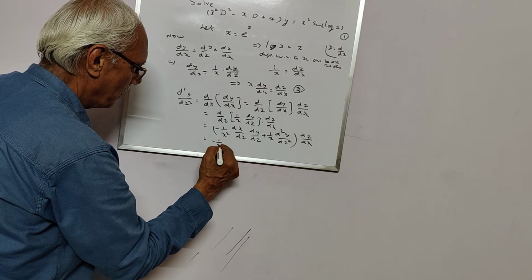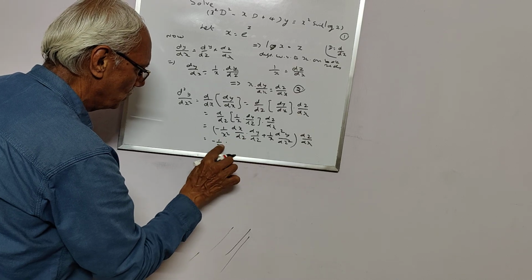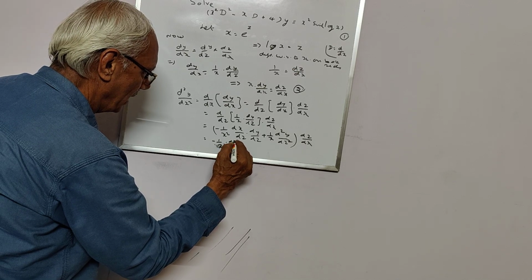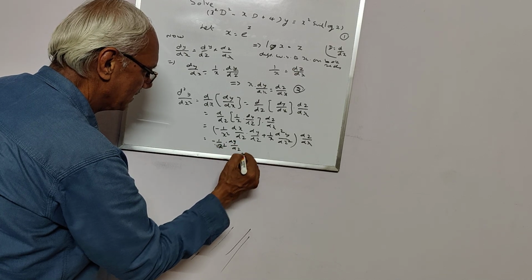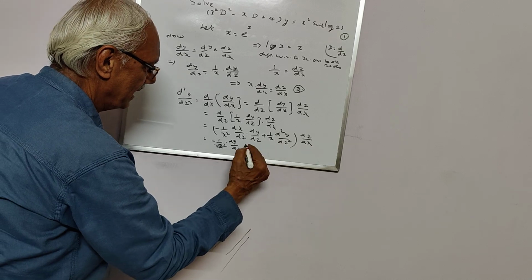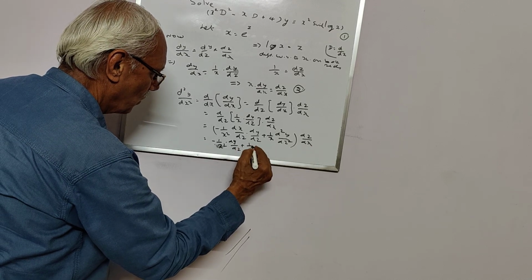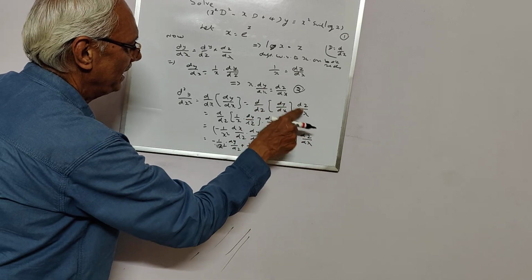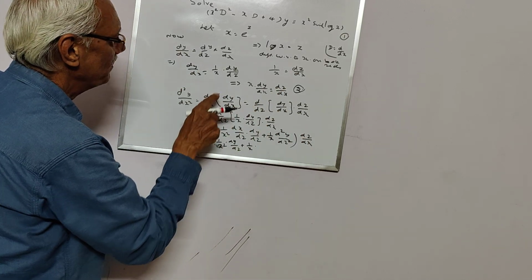So you'll get minus 1 by x squared into dy by dz, and when you bring this inside, it is plus 1 by x into dz by dx.